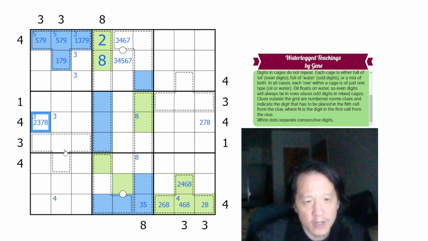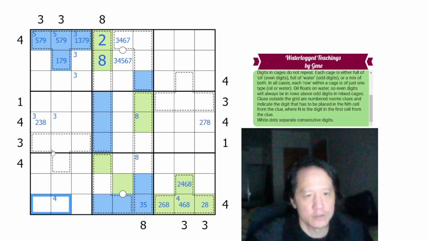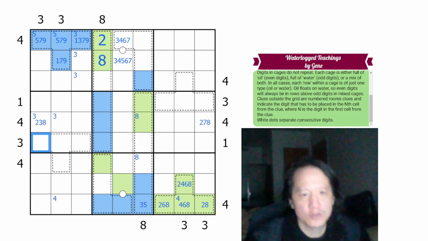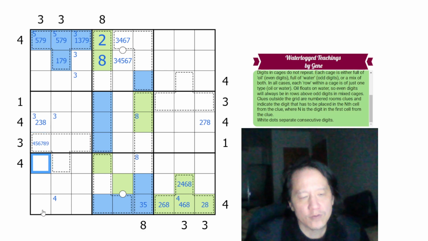So this would have to not be 7 then, because the 3 cannot be here. Because we know the 3 is one of those two from this 5. And then we know one of these is 3, but we're not sure which. So this can't be 3. So 3 could be 4, 5, 6, 7, 8, and 9 here. This could be 5, 7, or 9.